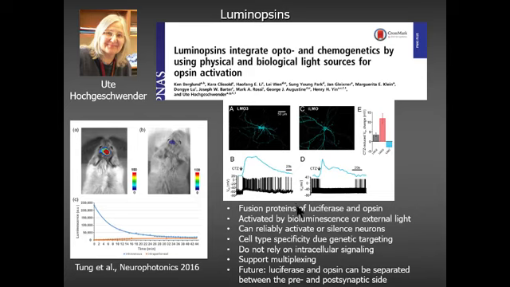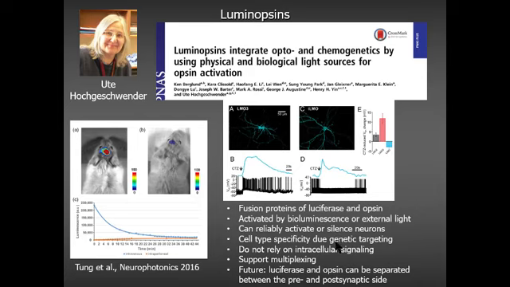So here are a few things about luminopsins. This is a fusion protein of luciferase and opsin, and they're activated by luminescence, but they can also be activated by external light. So there is more flexibility because you don't lose the property of the natural opsins, but you can also activate bioluminescence. You can silence or you can activate neurons, so there's bidirectional control.